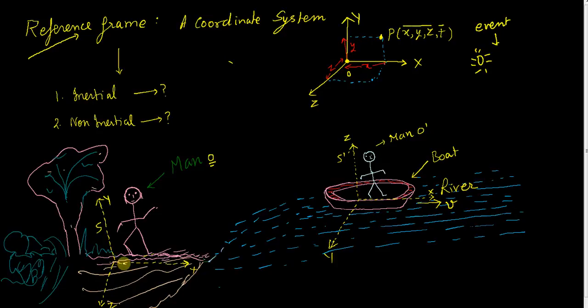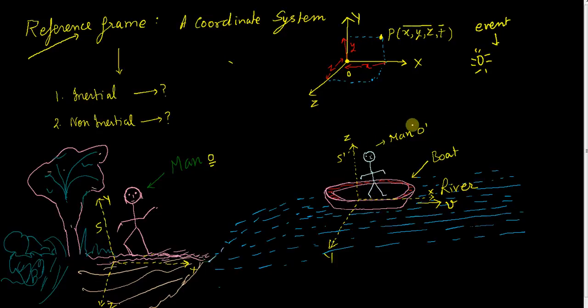We have represented that with a coordinate system, and there is a man O prime, I am saying, on a boat, and the boat is in a river, moving in this direction with velocity v. A coordinate system is associated with it, that is the boat.